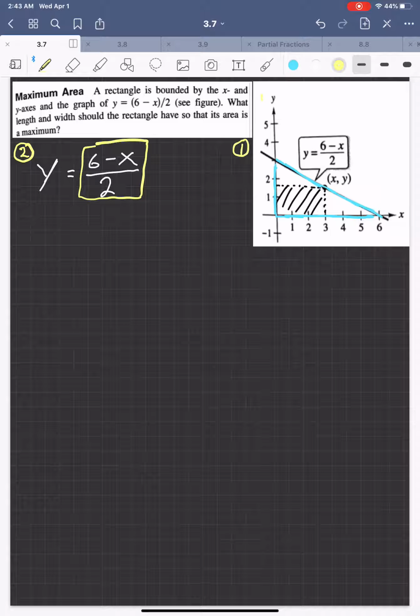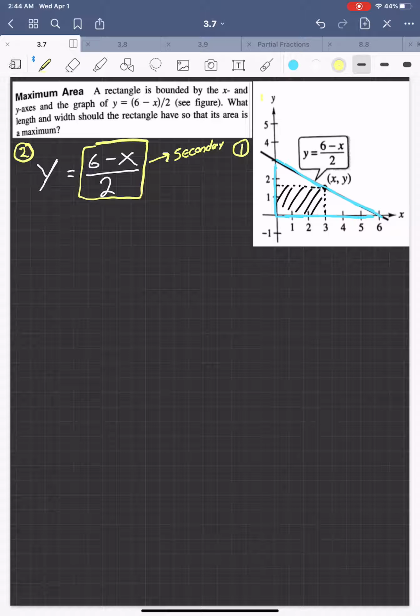You can almost bet that if they give you an equation, this is going to be the secondary equation. So we don't have to go hunting around to try to find a secondary equation. They've actually already given it to us.